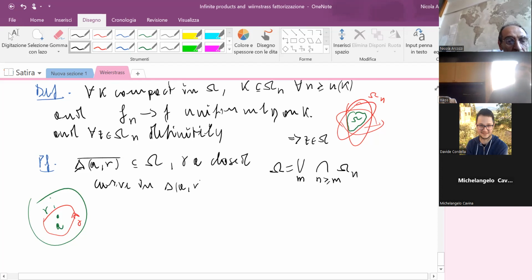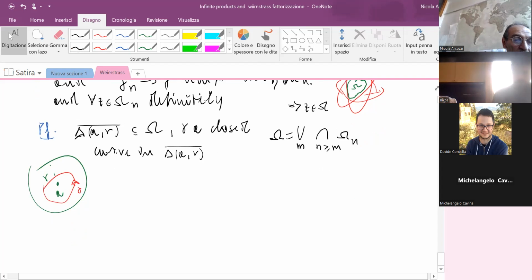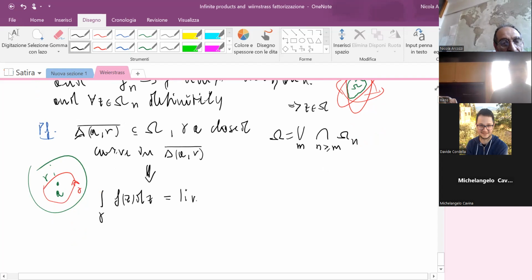Then the integral of f of z dz is the limit of the integrals of fn of z dz, which is 0.